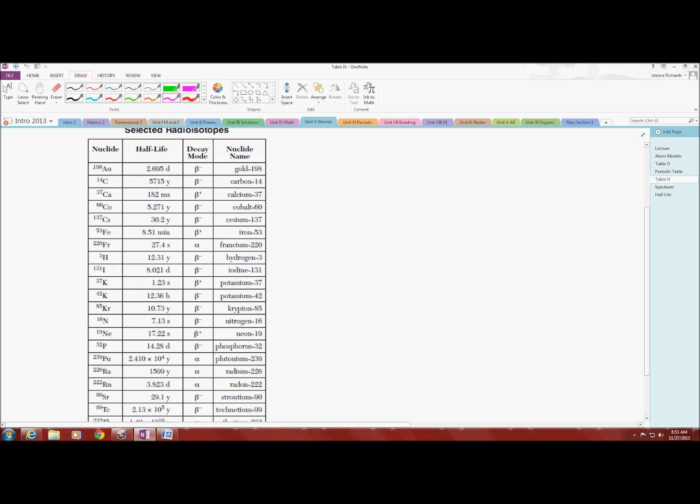If it's not the mass that's on your periodic table, it's probably a radioactive isotope. When they write the name and it's an isotope, they are going to write the name with a dash with the number after it. So if they want to know which one of these is a radioactive isotope, you go to Table N and look for it. Okay, and there's potassium-37 and potassium-42.